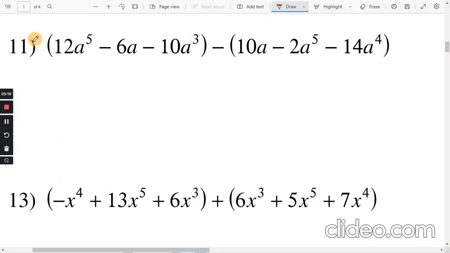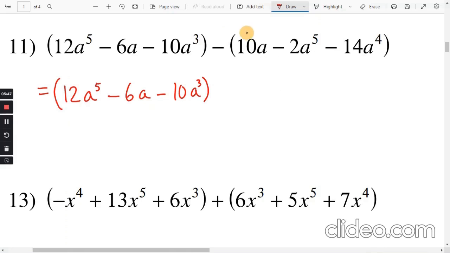All right, let's try number 11. We see here we have a negative sign that needs to be distributed right here. Okay, so basically we can keep what we have in these parentheses and just rewrite it. Okay, and we said this negative sign, when distributed, will change the sign of each of these terms.